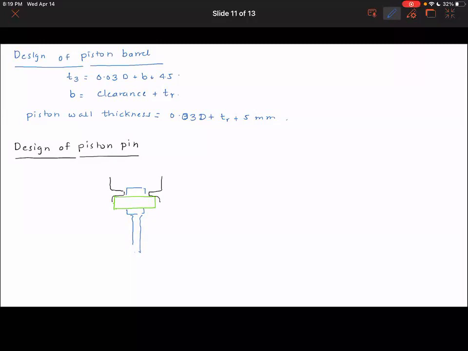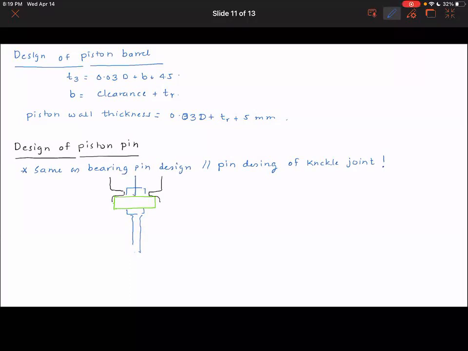A typical piston pin design is exactly the same as a bearing pin design, or if you look at the pin design of a knuckle joint. The design principles are exactly the same.